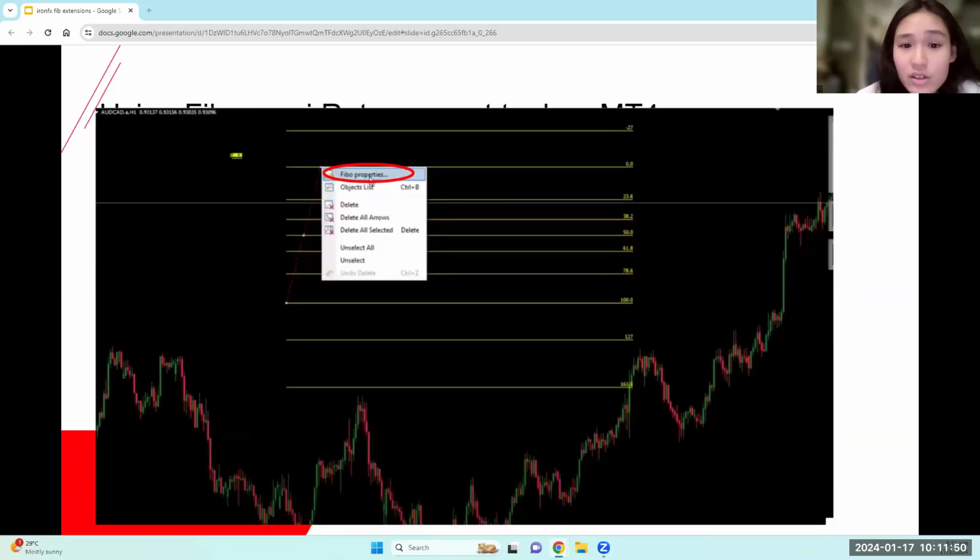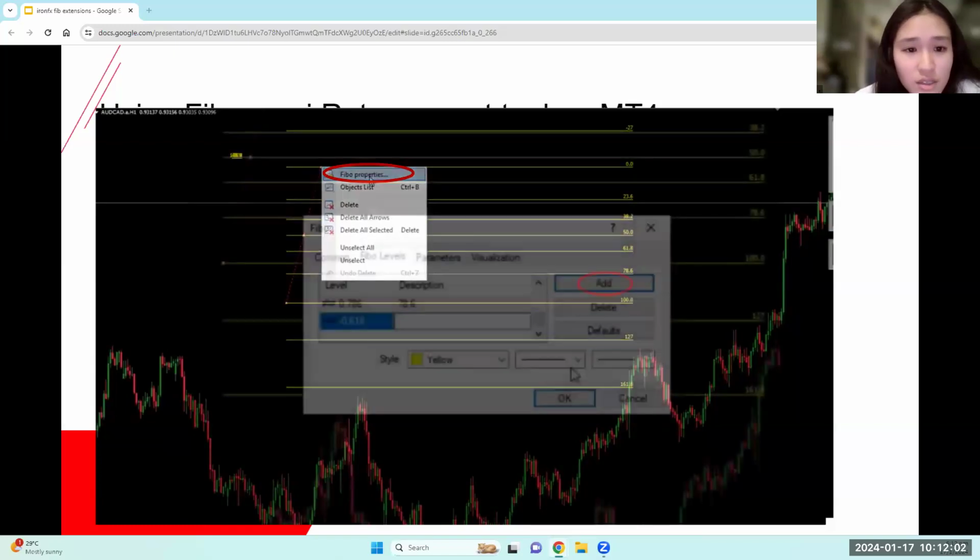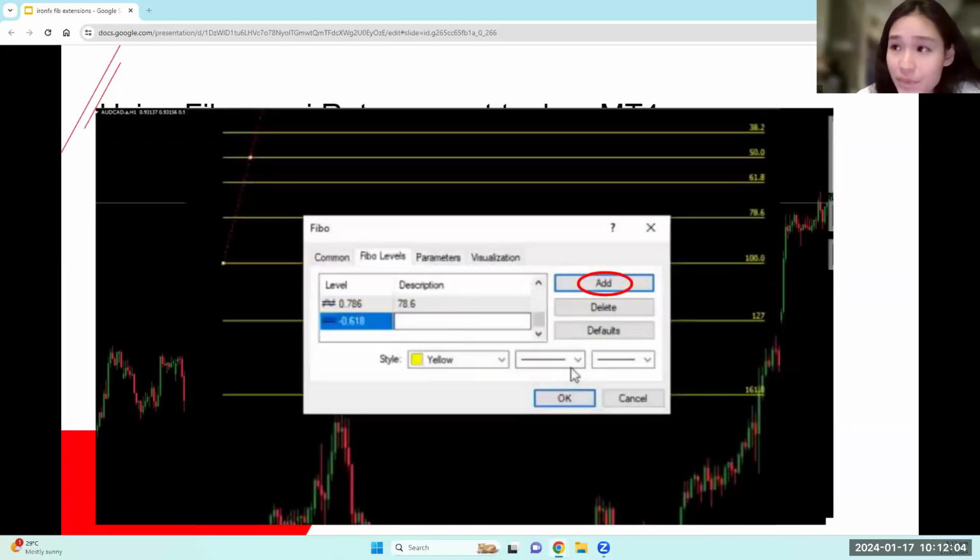So you click on Fibo properties, and then under the Fibo levels tab, you can click add, and proceed to add whichever levels you wish. Yep, it'll look like this. I click add, and then I've added a negative 0.618 level, which is essentially just minus 61.8%.